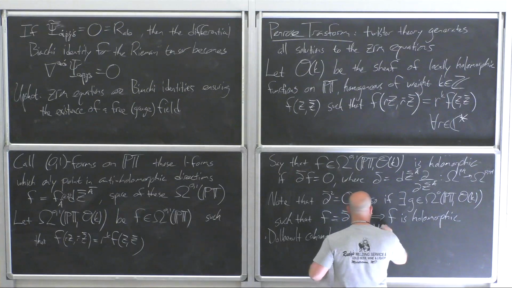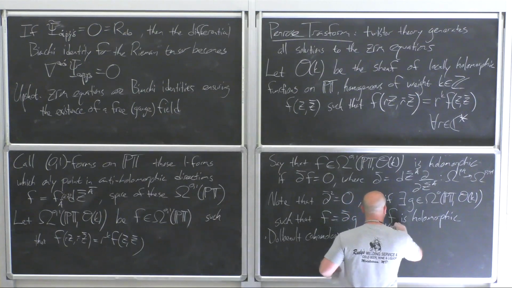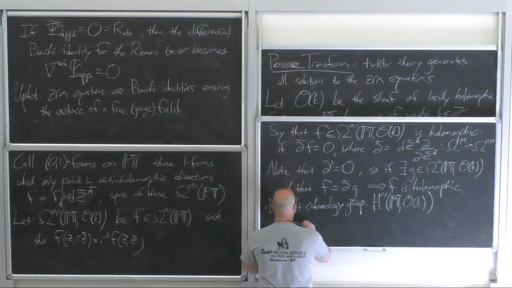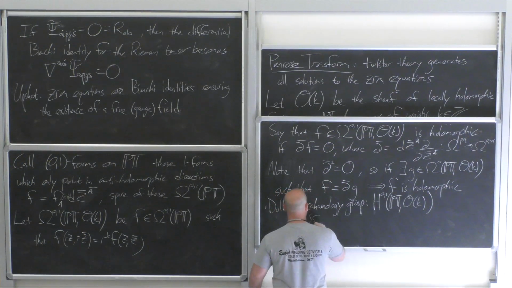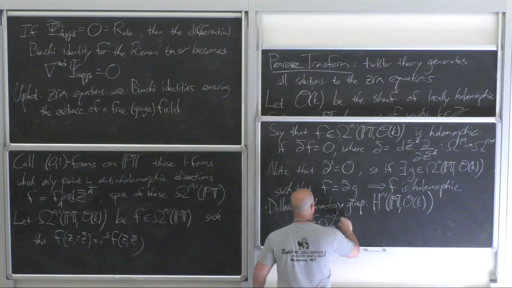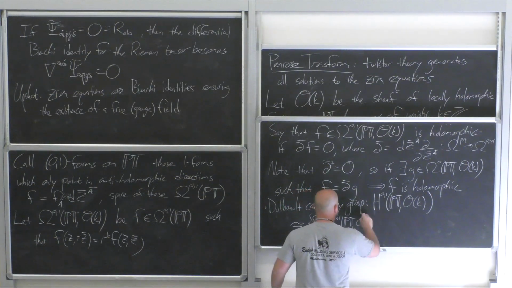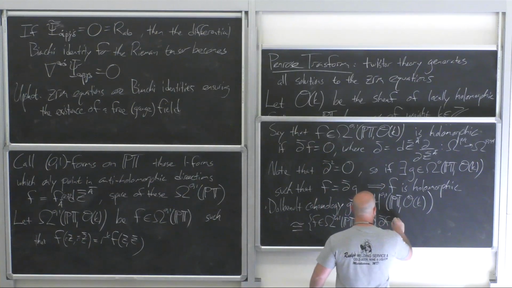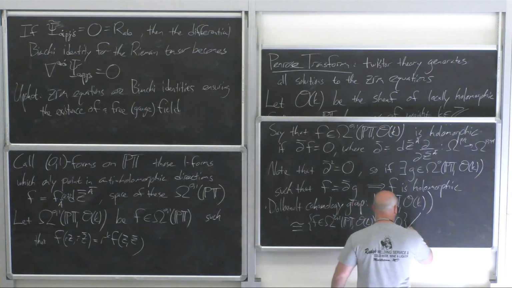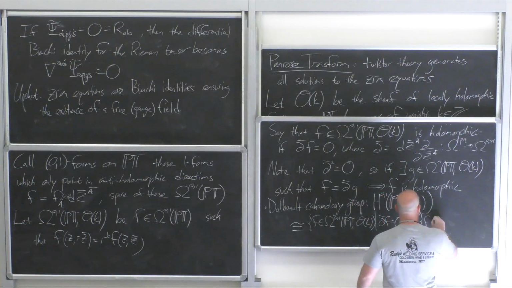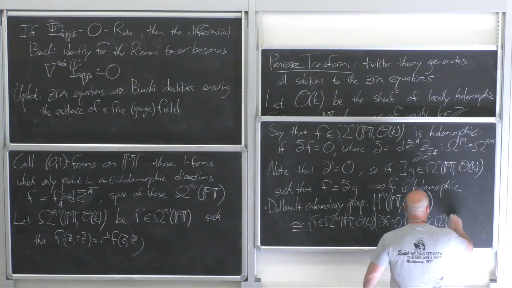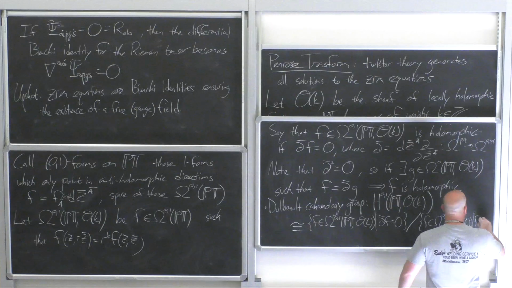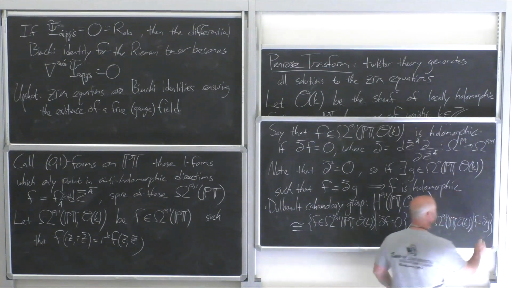We're going to call it H^{0,1}(PT, O(k)). This is going to be the set of all 0,1 forms on twistor space of weight k such that d bar of those 1 forms is 0, modulo the set of all 0,1 forms on twistor space of weight k such that that 1 form could be written as d bar of a function.